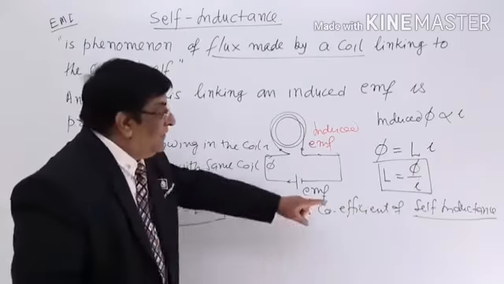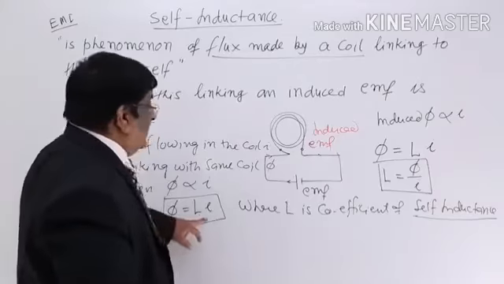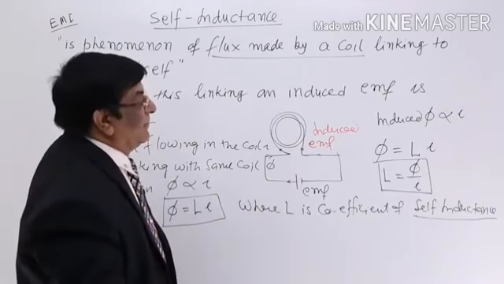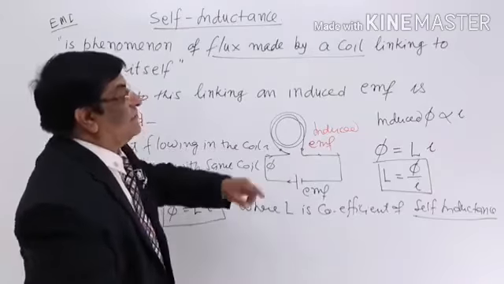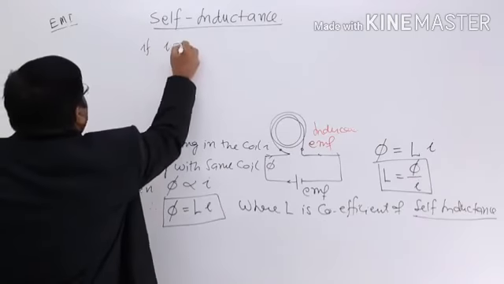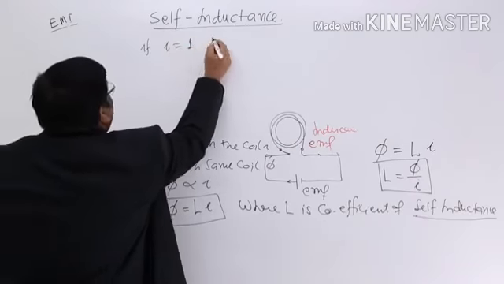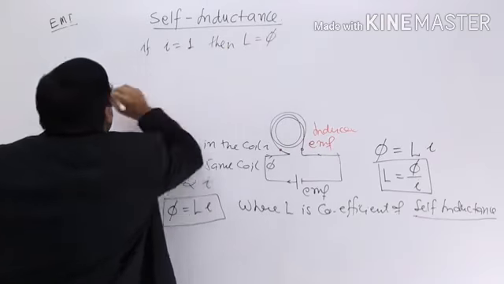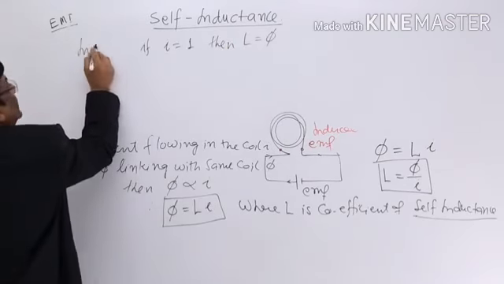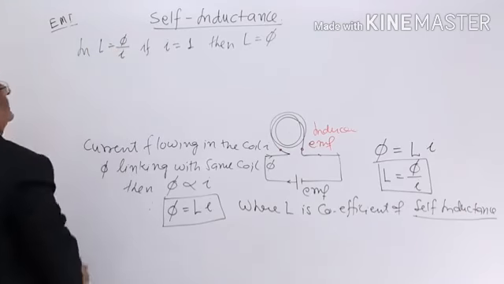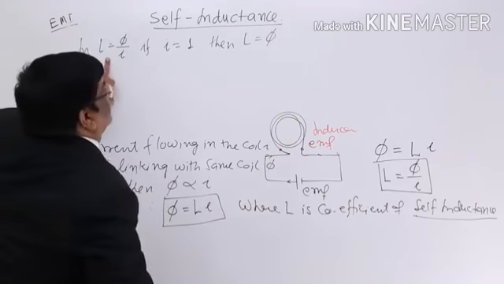Okay, so here we have come to L, the coefficient of self-inductance, and if I is equal to 1, then L is equal to phi. Which formula are we using? L is equal to phi upon I. L is a constant.